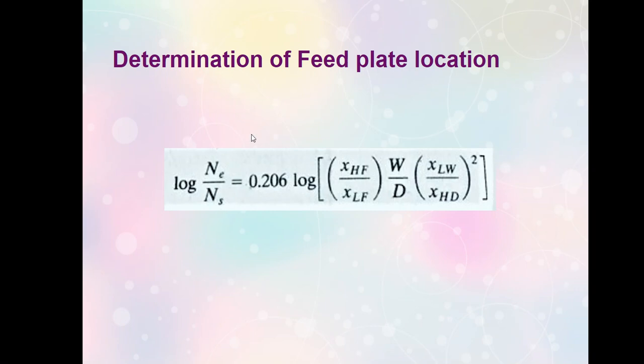Okay? Now, how do you determine the feed plate location if you already got this? Let's say you already have a value of 10 here. How would you know the feed plate location? If you have the total number of stages, your Ne over Ns equal to 10 should give you the ratio of Ne to Ns.